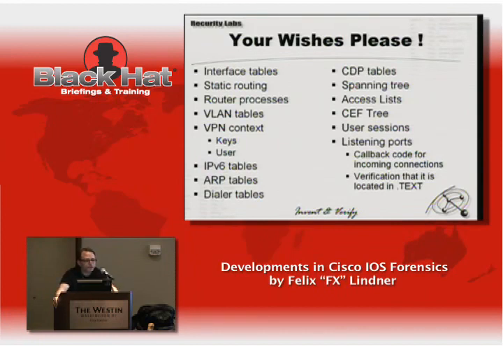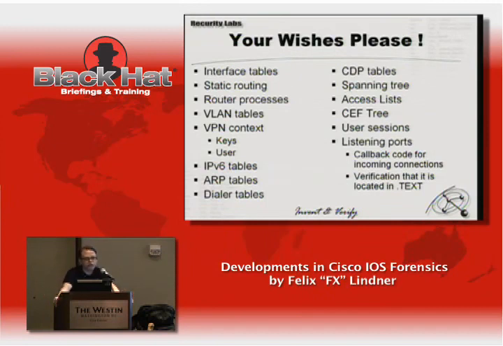Here are some examples of things you could ask for: tables of interfaces, static routing, the state of the router processes like OSPF, decision tree, OSPF state machine, BGP peerings, VLAN tables, VPN contexts. If you lost your VPN shared secret, we can extract it. IPv6 tables of whatever sort, ARP, dialer, CDP, spanning tree, access lists.